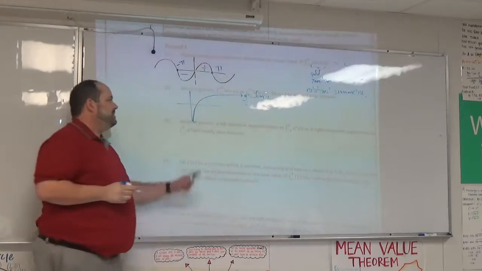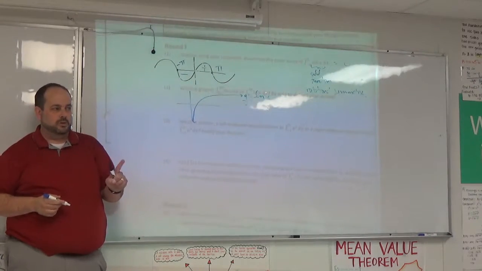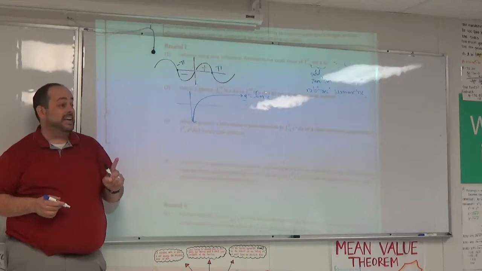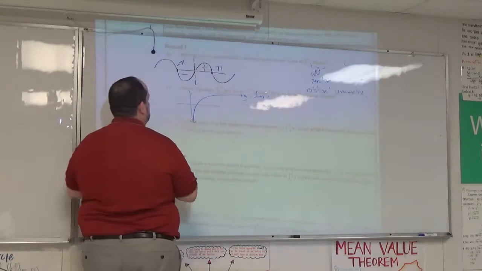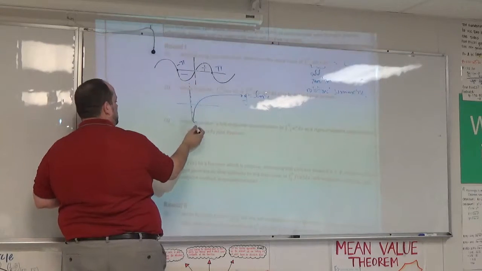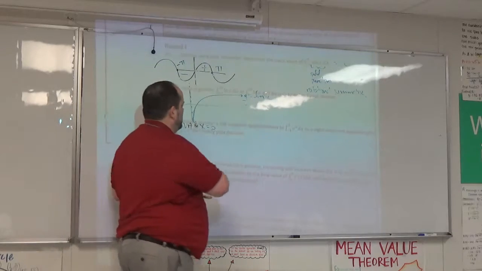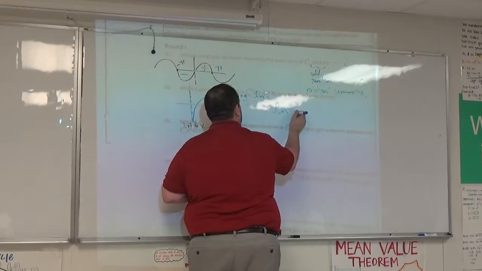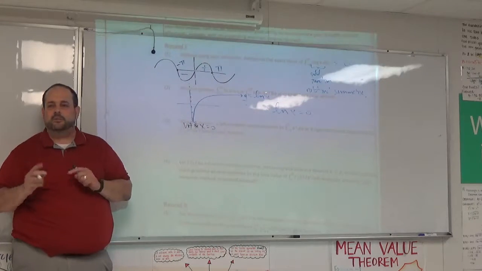The important thing to pay attention to with this graph is the root. Where's the root for the natural log of x graph? There's a vertical asymptote at x equals 0, but where's that root? Said another way, when is the natural log of x equal to 0? Natural log of what number is equal to 0?